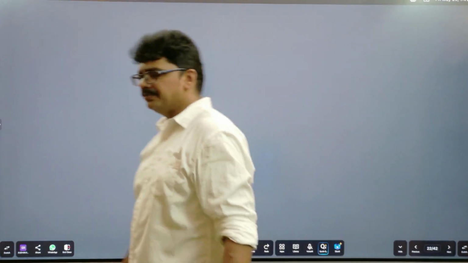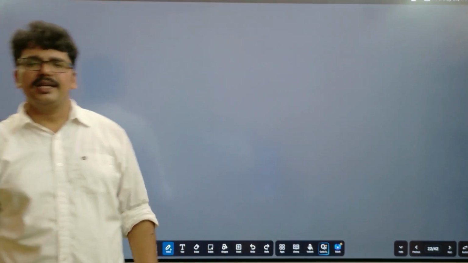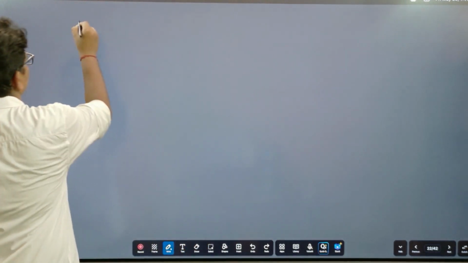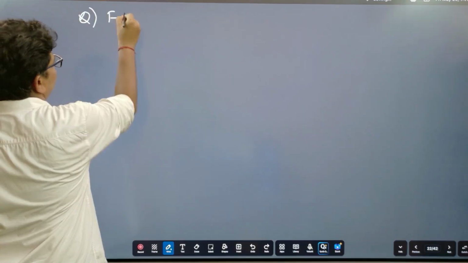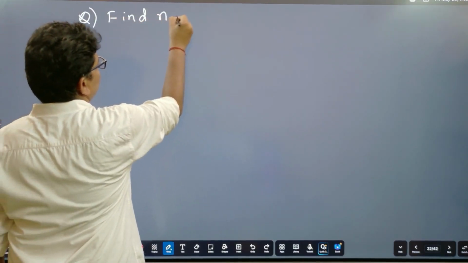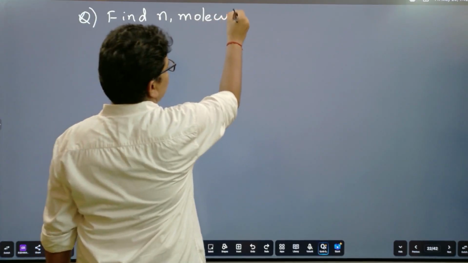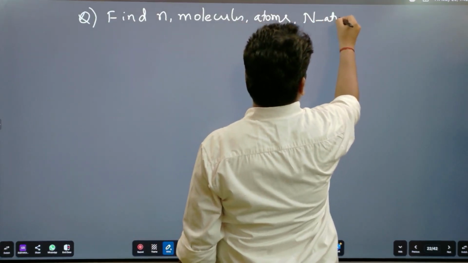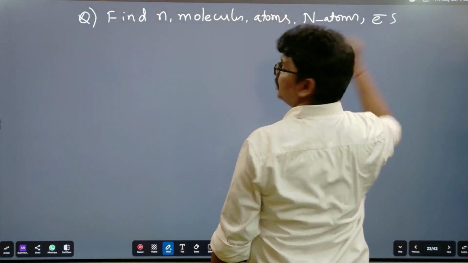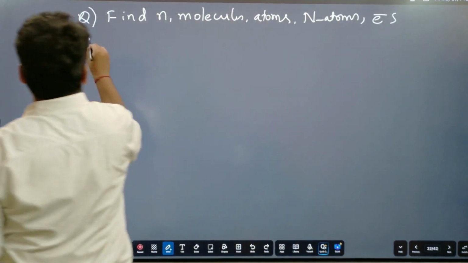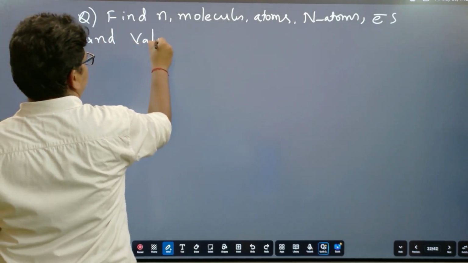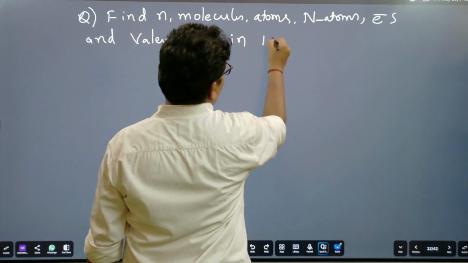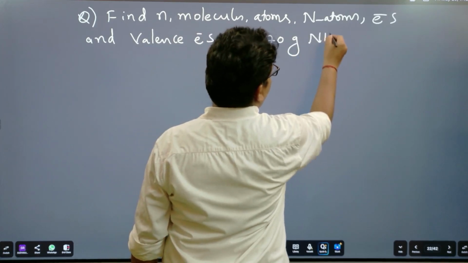So by using these formulas, let us solve one important example. That is, find moles, molecules, atoms, nitrogen atoms, electrons, and valence electrons in 170 grams ammonia.